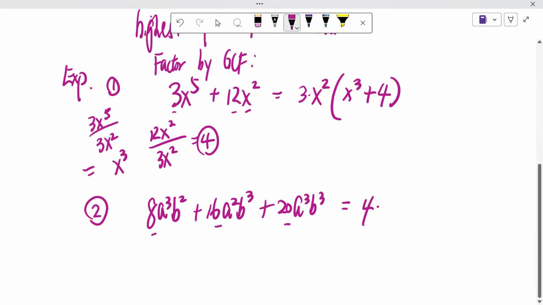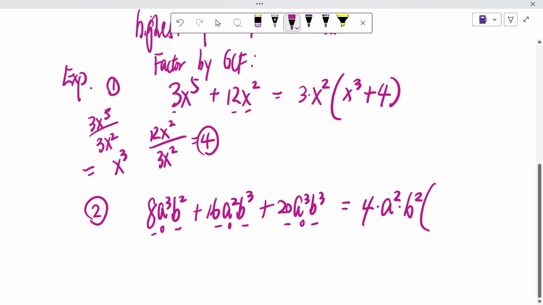So 4 is the GCF from the constant part. The second part is a cubed, a squared, and a cubed. We're going to use the lowest exponent, because all of them have it. We want to factor out the common factor among them. And then b squared, b cubed, and b cubed, we'll take b squared.